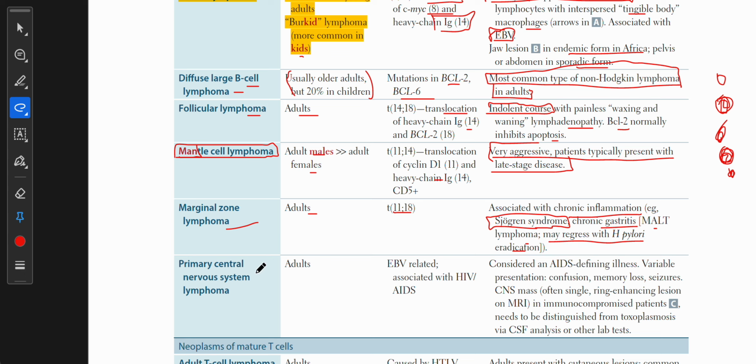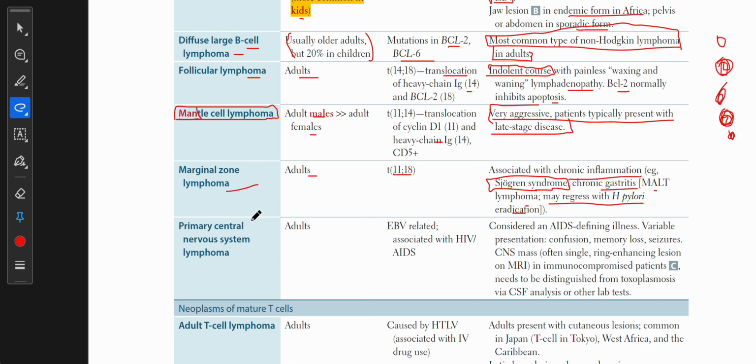The other neoplasm of mature B cells here is primary central nervous system lymphoma, which occurs in adults. It is associated with EBV, that is Epstein-Barr virus, and also HIV and AIDS. This is considered an AIDS defining illness. It has variable presentation: confusion, memory loss, seizures, CNS mass, often a single ring enhancing lesion on MRI.